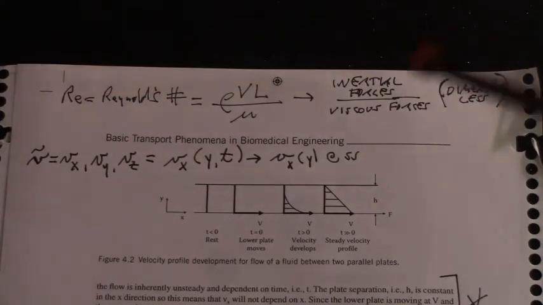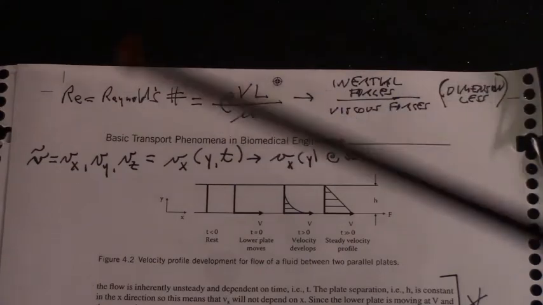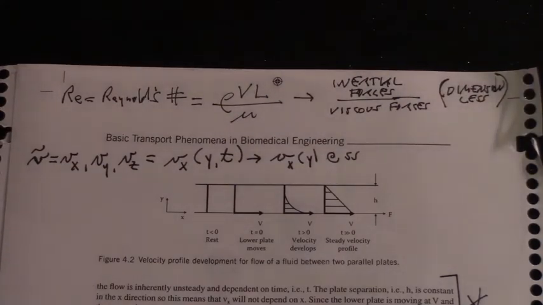If the viscous forces are much, much higher than the inertial forces, then the Reynolds number is going to be less than 1, and we have what we call viscous flow. Viscous flow would be a very viscous fluid flowing through a very small diameter tube. I talked about this the other day, about the pores in a membrane, when we were developing the hydraulic conductance equation.